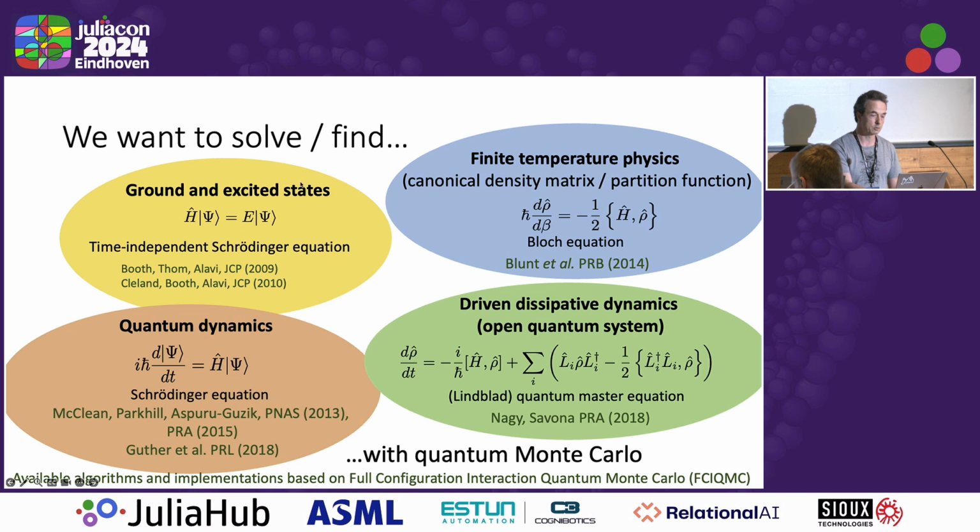There are basically two open source Fortran codes that implement this method, but they also have their limitations and are basically geared at quantum chemistry, at dealing with problems with electrons.